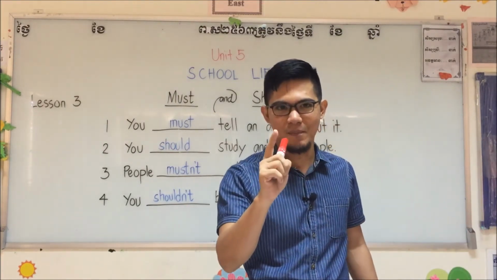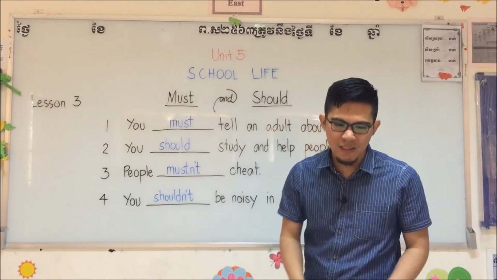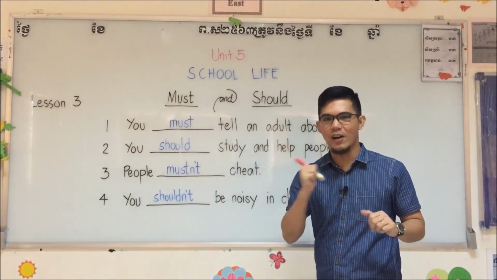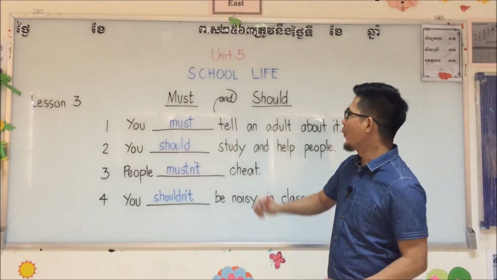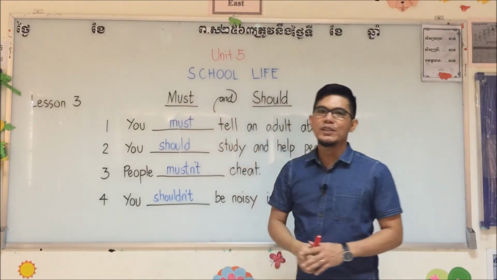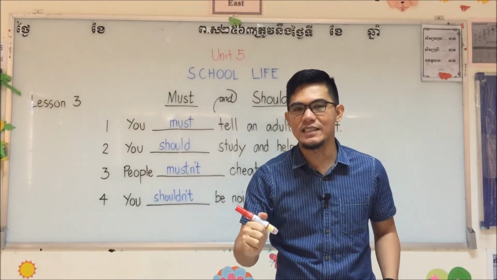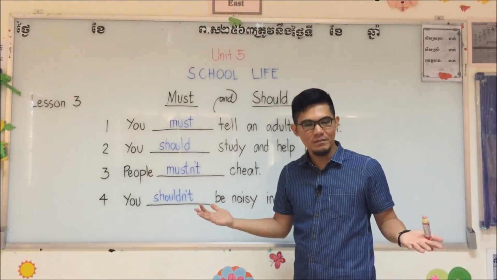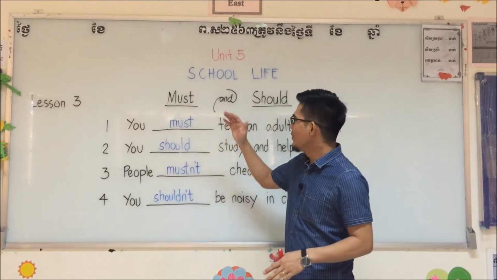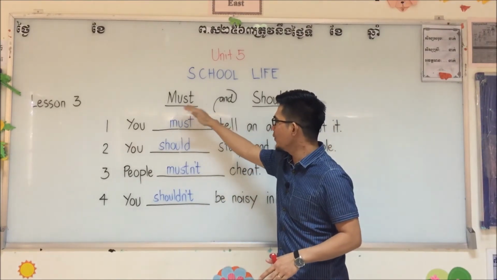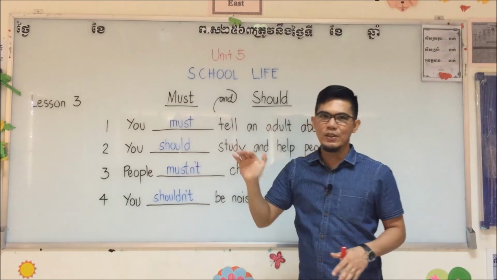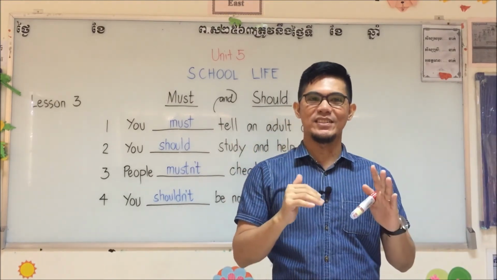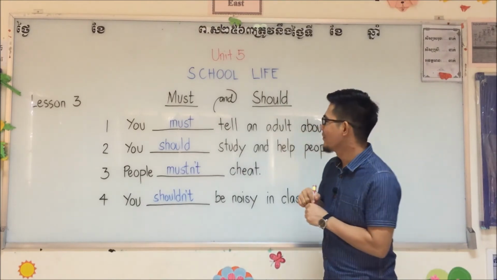Question number 1. Which modal verb do we use for rules and strong obligations? Can you tell me which number?